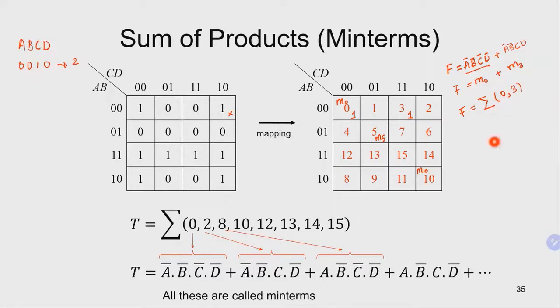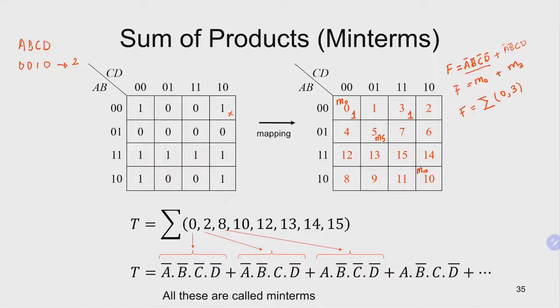So extending from that, this is my Karnaugh map originally. We have a 1 in location 0 and a 1 in location 2. And then we have a 1 at 12, 13, 14, 15, and a 1 at 10.